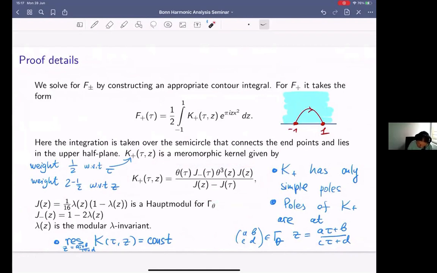And this is the particular shape of this kernel. Here all the functions are modular functions for gamma theta. This is a Hauptmodul, a function which maps the fundamental domain of gamma theta onto a projective line.